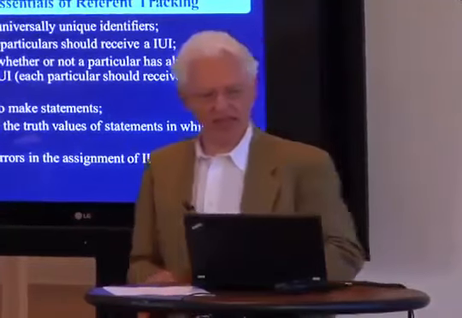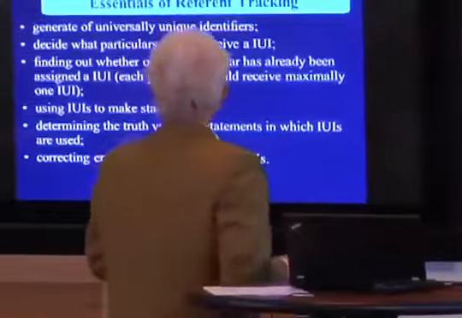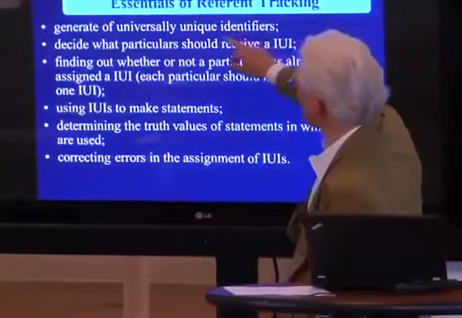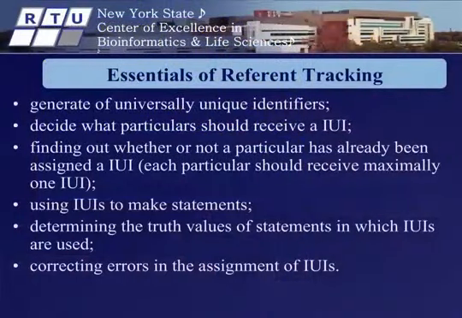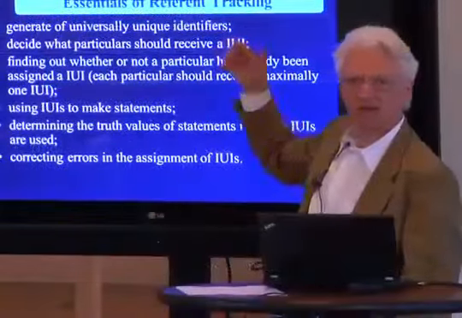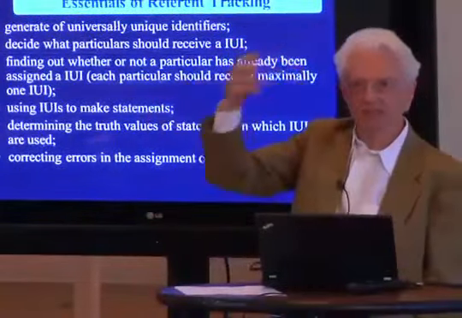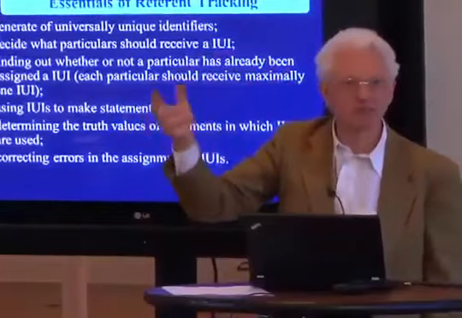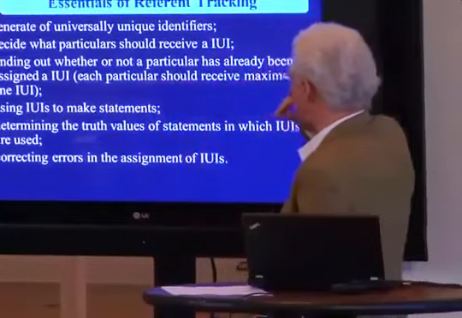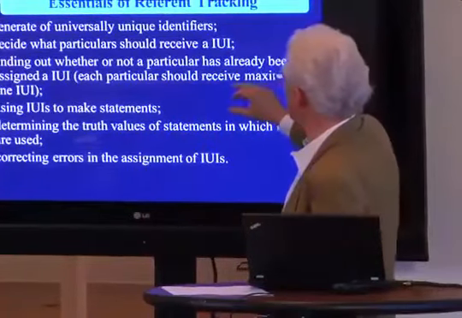All right, so the essentials of the idea are to have a way of generating universally unique IDs. Then you have to decide which particulars should receive one of these IUIs. And when you're interviewing a patient, then it's pretty clear which items are important enough that they should get unique IDs.